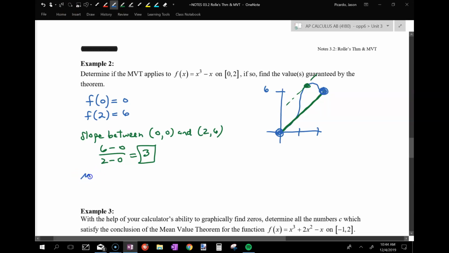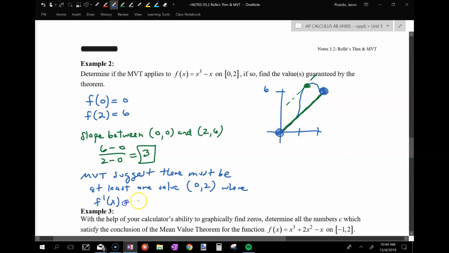So the mean value theorem suggests there must be at least one value on the closed interval 0 to 2 where the derivative equals 3.